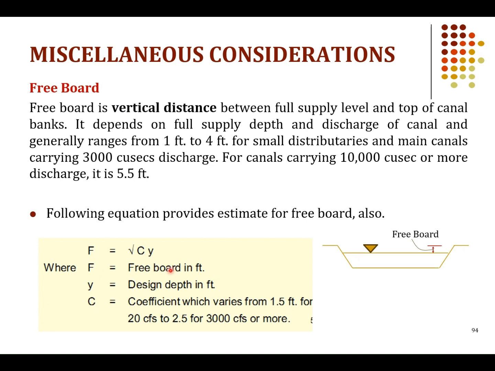F is the freeboard in feet, Y is the design depth, and C is a coefficient which varies from 1.5 for 20 cusecs to 2.5 for 3000 cusecs or more. In general, you can keep the freeboard around 1 foot or a little bit more. Experience will tell you, but 1 foot may be reasonable.